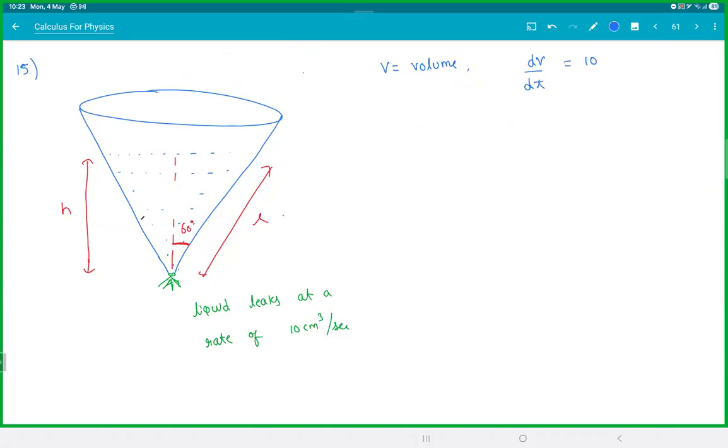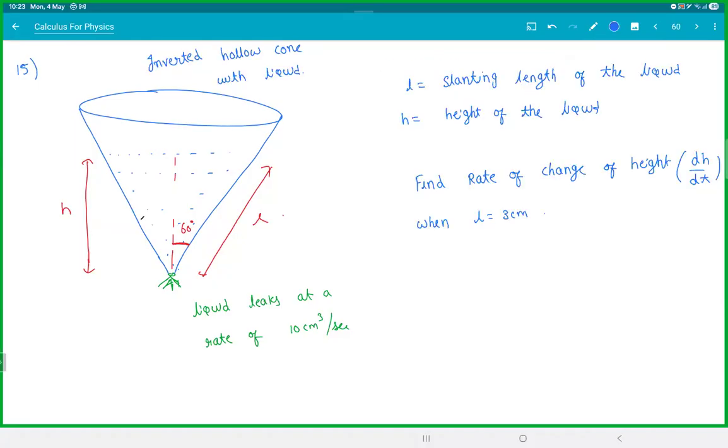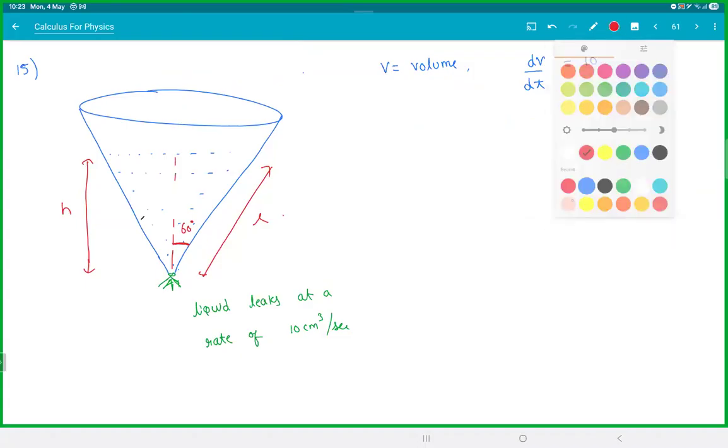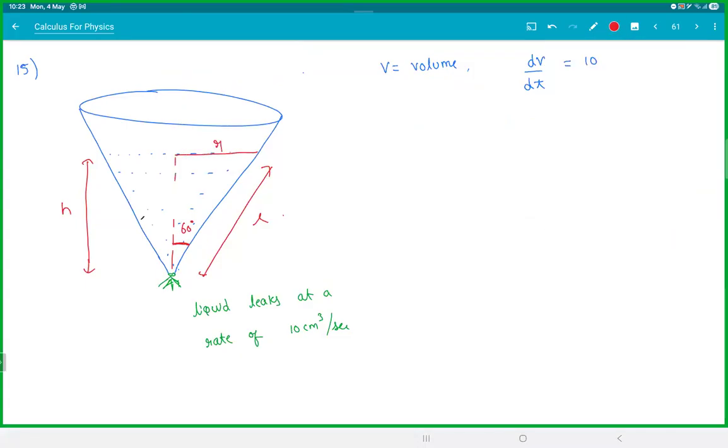Perfect. Next thing, he said when the length is 3 centimeters. Now, if you look at this cone here, this would be your radius and this would be your height. So it's a right angle triangle. R is nothing but L sin 60. And what is he asking you?